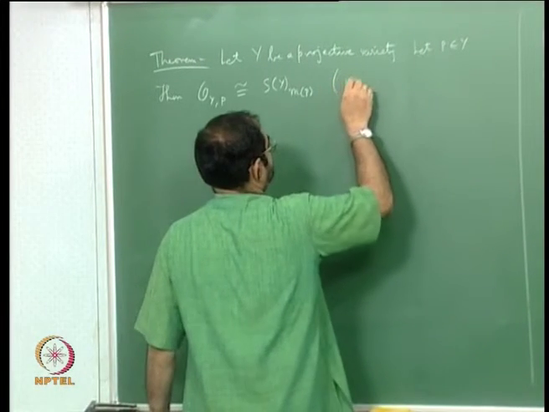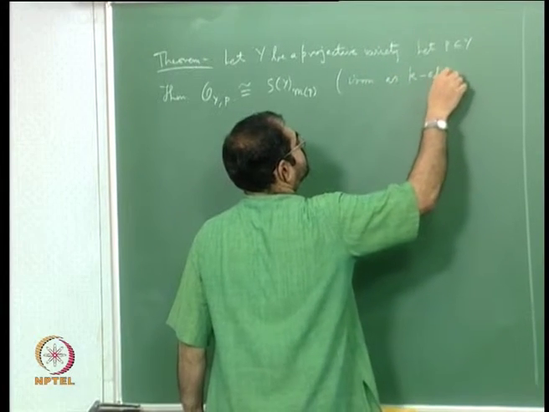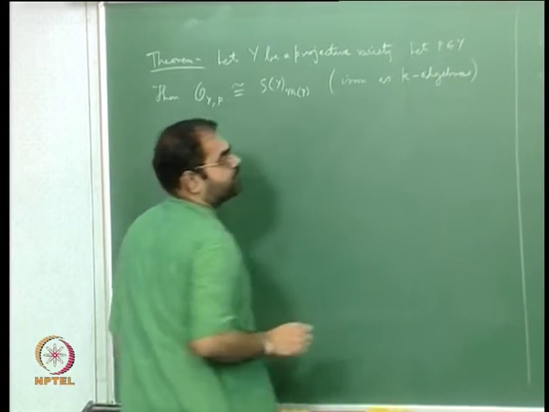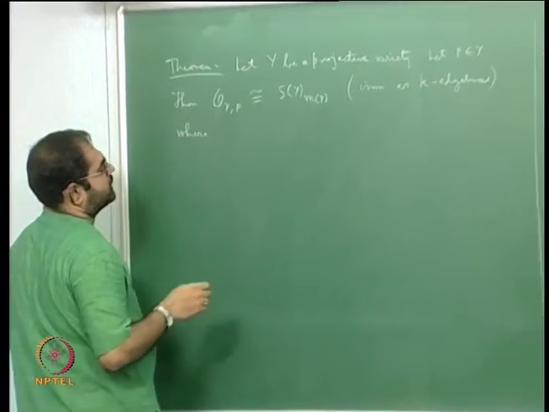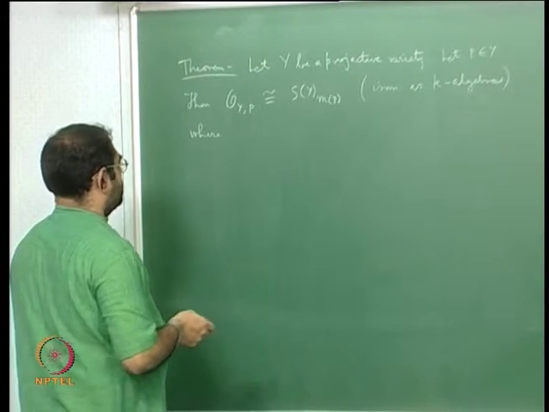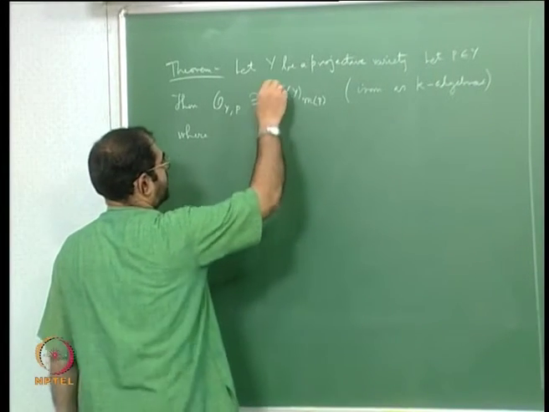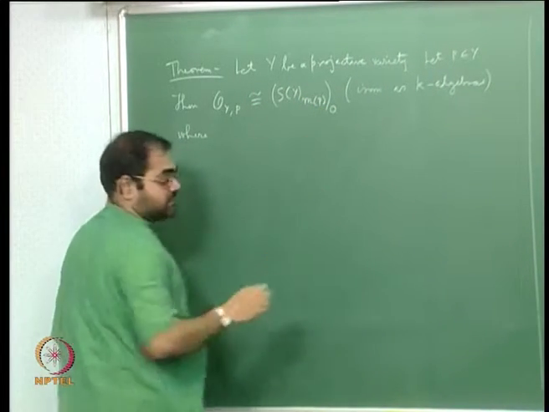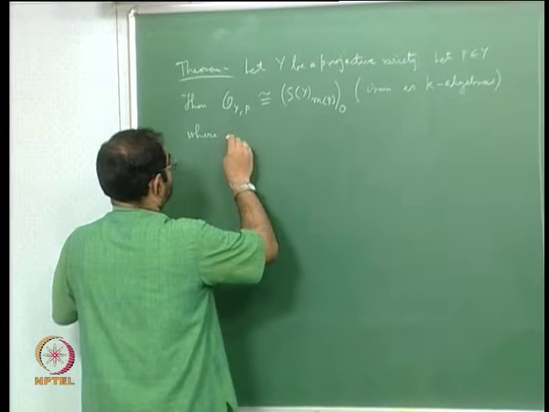This is an isomorphism as K-algebras, where I need to localize and also take the degree 0 part.